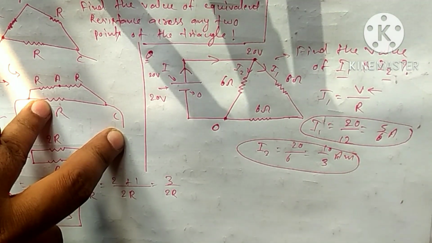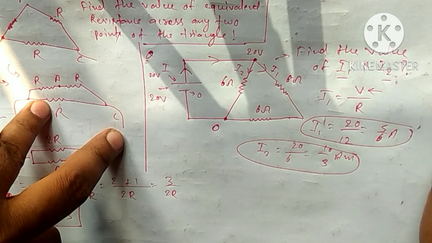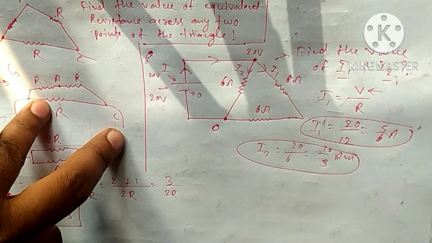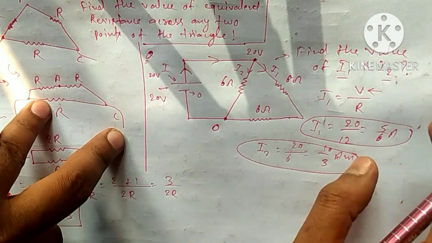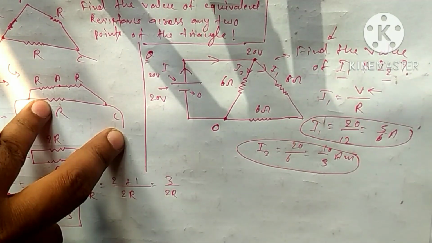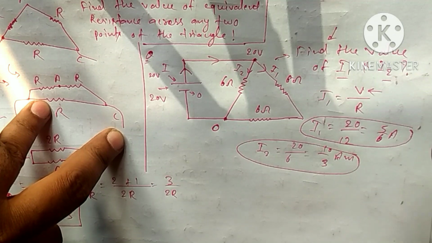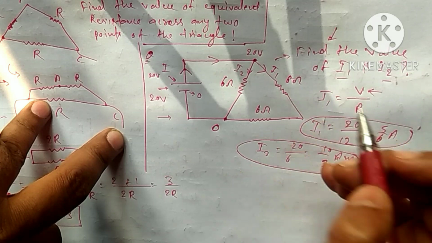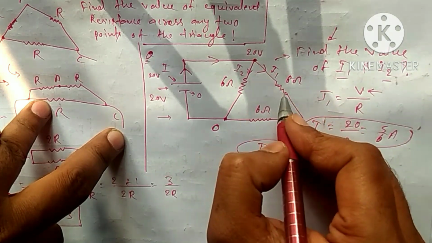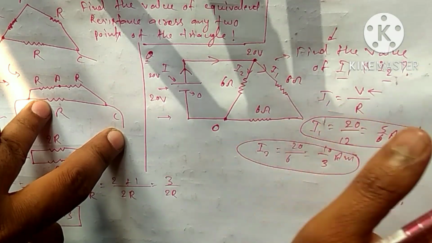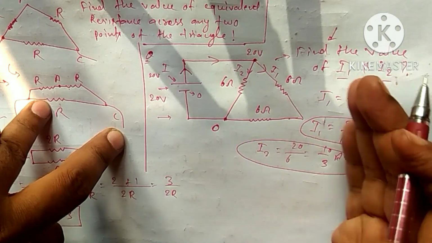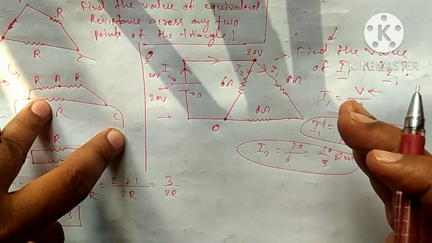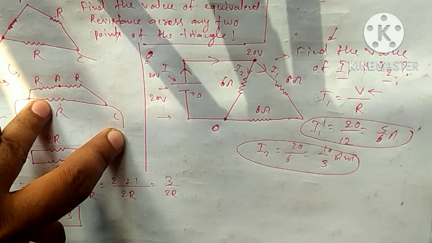After seeing the video we understand that this is a very simple question, but whenever we see these types of figures, how do we find the individual current for the 6 ohm and 6 ohm, when some are arranged in parallel and some are arranged in series?